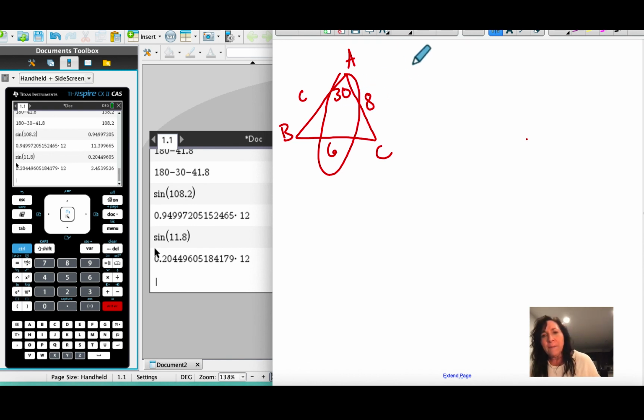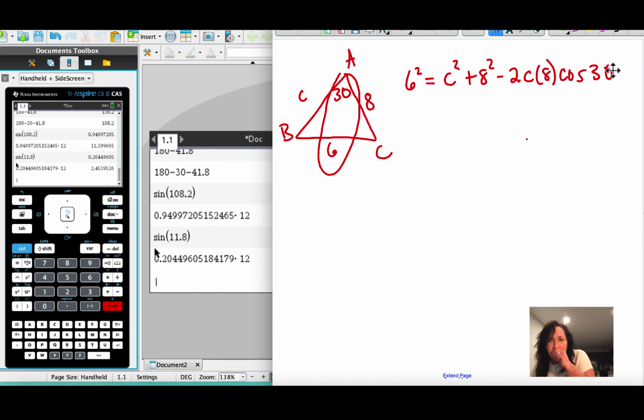So I would go 6 squared is equal to the other two sides, which is c squared plus 8 squared, minus 2 times c times 8, and then cosine of the angle that I know. Let's work this out. The first thing that should alert you is this c squared.